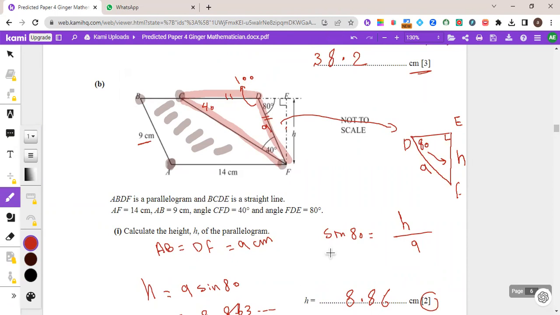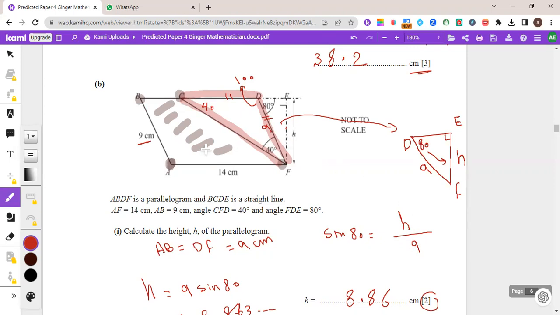What is the formula? 1/2 (a plus b) times the height. I know the height because the height is 8.86, which I calculated before.